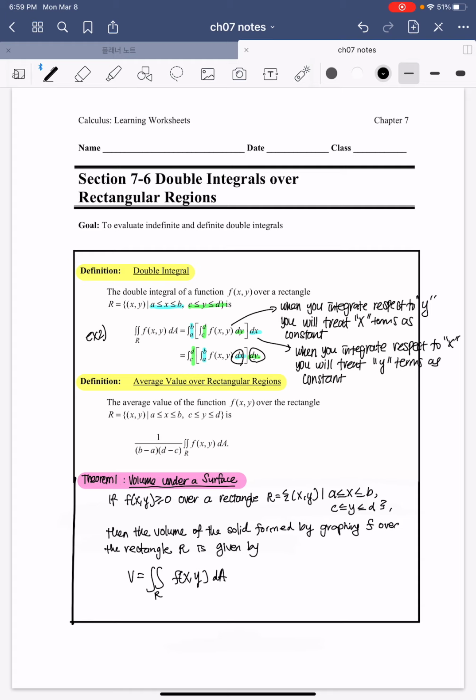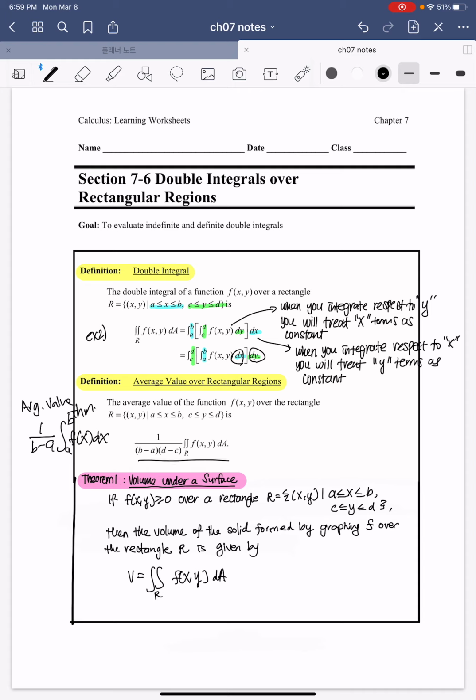Second one, average value over rectangular region. This formula looks very similar. Recall in Math 121, in the average value theorem, you had 1 over b minus a, the integral of f of x dx from a to b. So same format. So this was the average value theorem from Math 122.